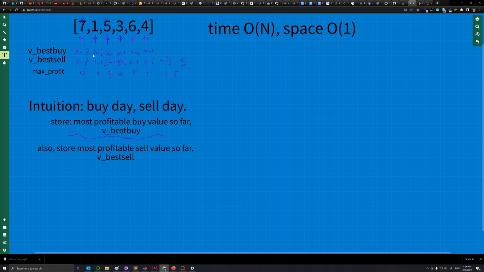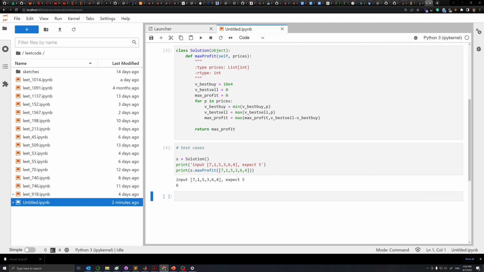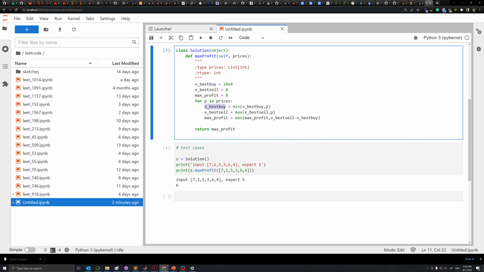Okay, there's a little bit of a trick we need to make sure we got it right. So best sell is always trying to find the maximum between the current value and whichever was maximum previously. And this has a problem because it's keeping the memory with its current maximum, right?